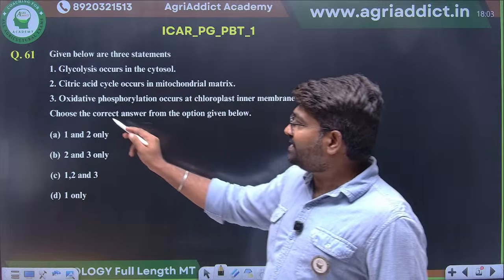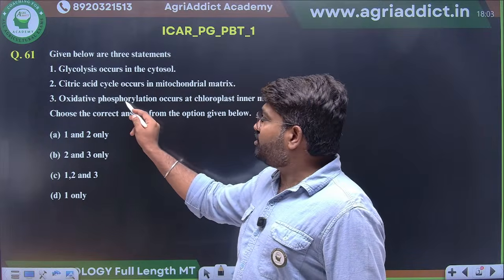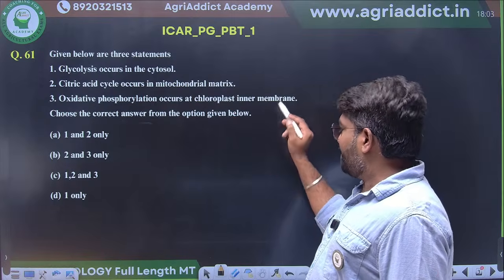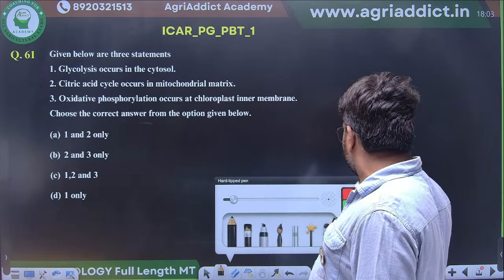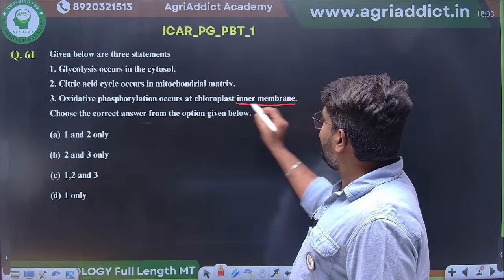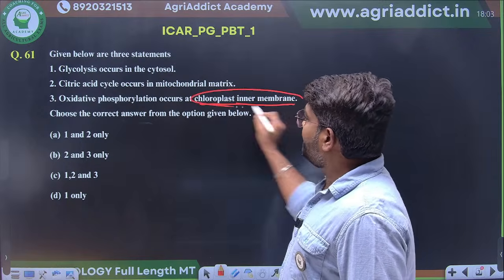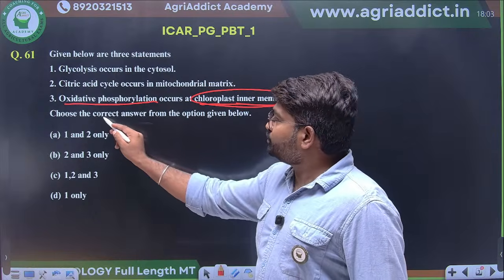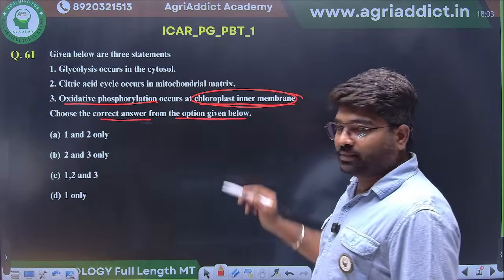The third statement is oxidative phosphorylation occurs at the chloroplast inner membrane. They are asking you to choose the correct answer from the options below.